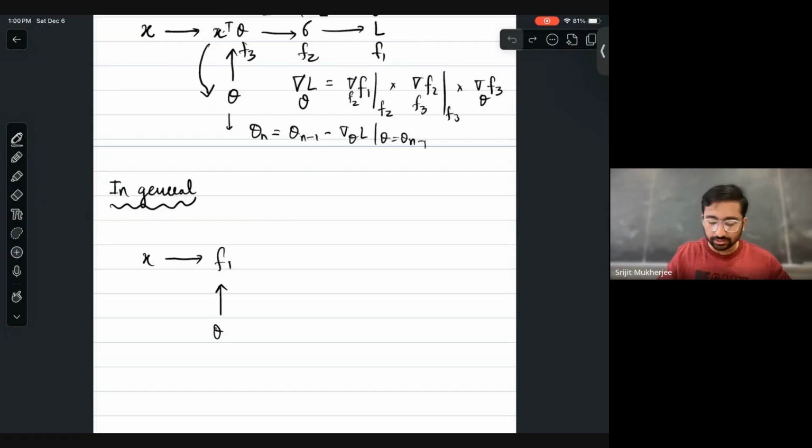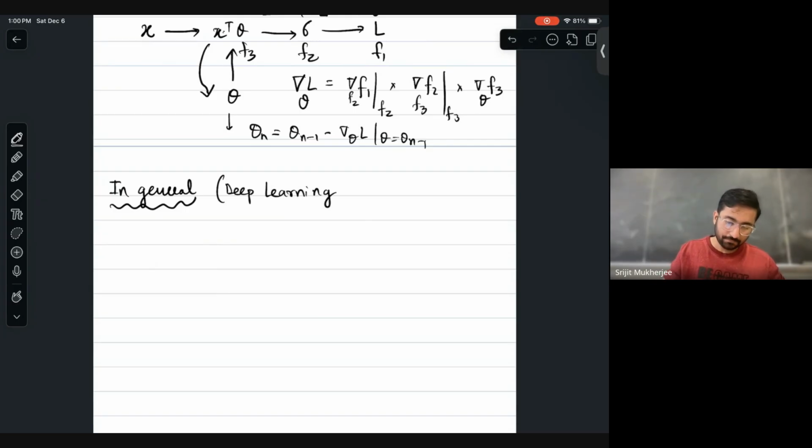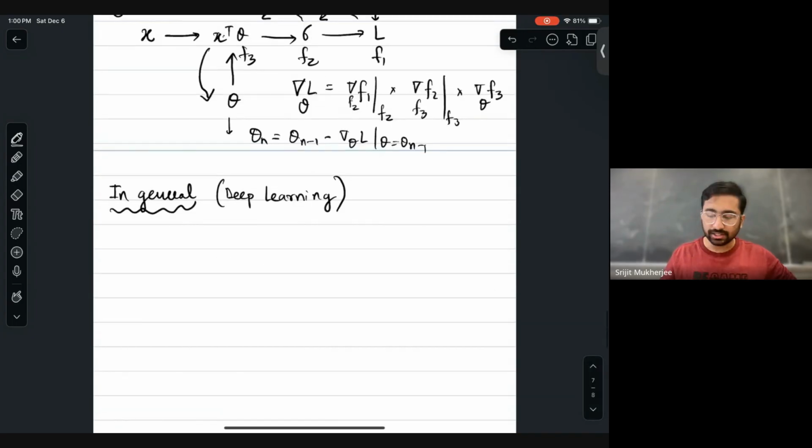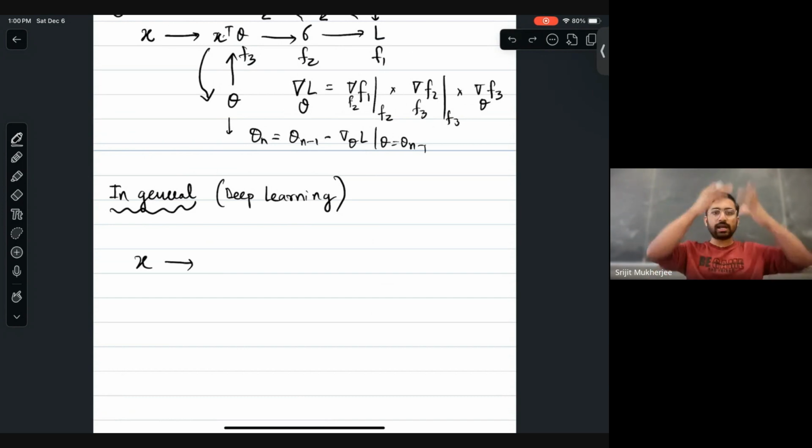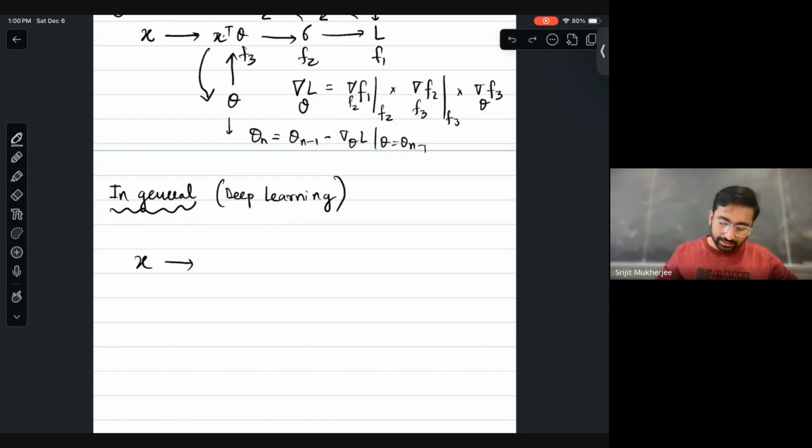If you remember, now in general for deep learning, what is happening? To revise, in general for deep learning, the input is x, then there is x transpose w. If you remember, this is x, then there's x transpose w to get the next one.